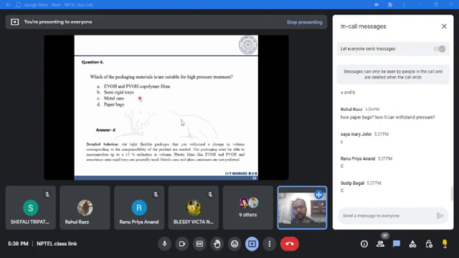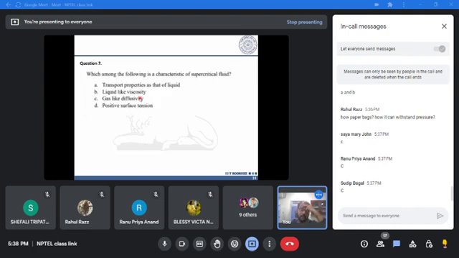So what will be the next answer? Which among the following is a characteristic of supercritical fluid? Transport property like that of liquid, like viscosity, gas-like diffusivity, positive surface tension. Please answer. They are saying C. Ranu Priya is also saying C. Sudeep, Saya Mary.